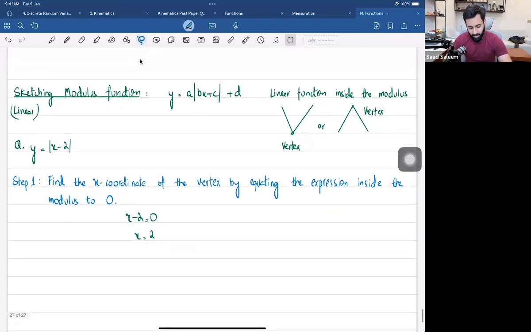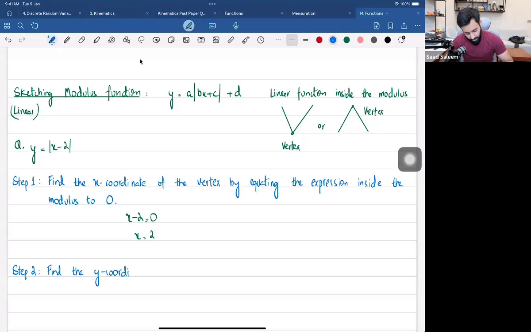Now, if I want the corresponding y coordinate, what do you think I'm going to do? If let's say you have the x coordinate of the turning point and you want to find out the corresponding y coordinate, what do you have to do? Or let's say you have x coordinate of any point and you want to find out the corresponding y coordinate of that point, what are you going to do? You're going to plug it back into the equation. Okay, so here's step 2. Step 2 is find the y coordinate of the vertex.